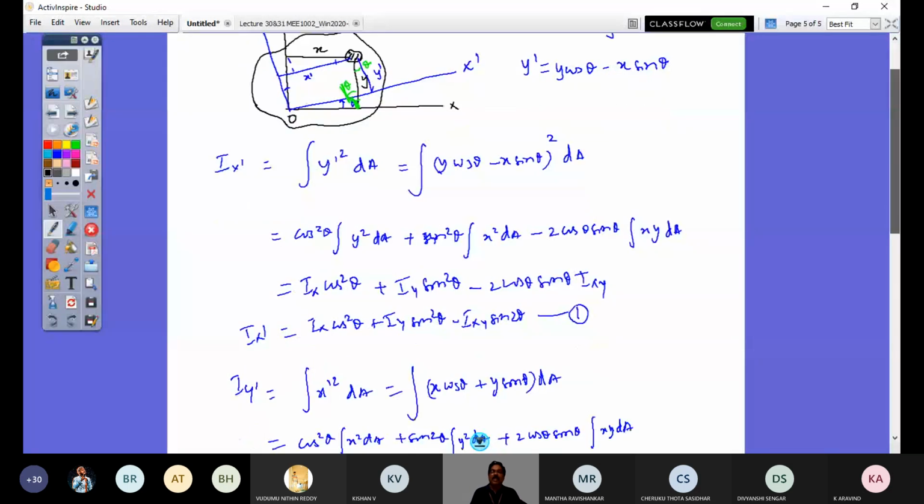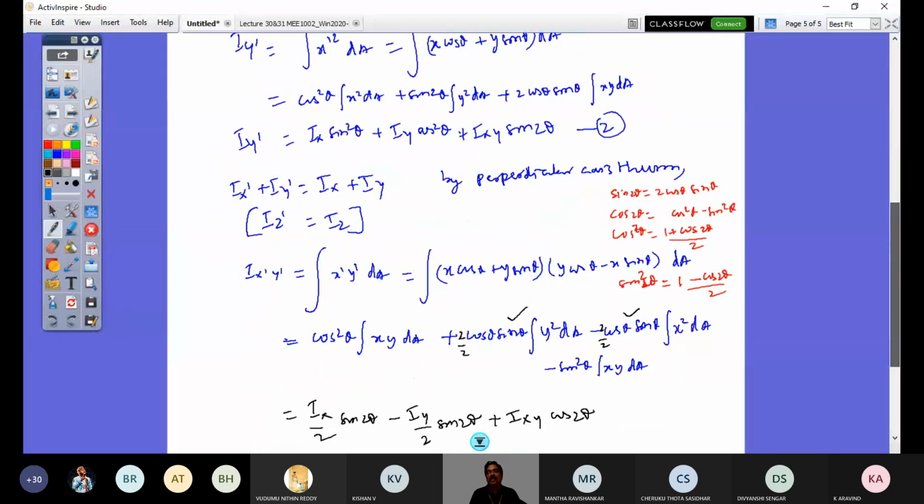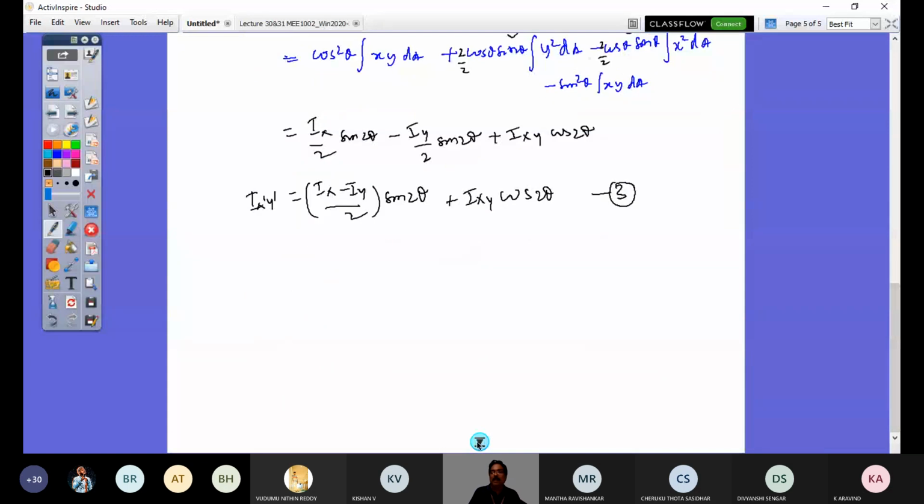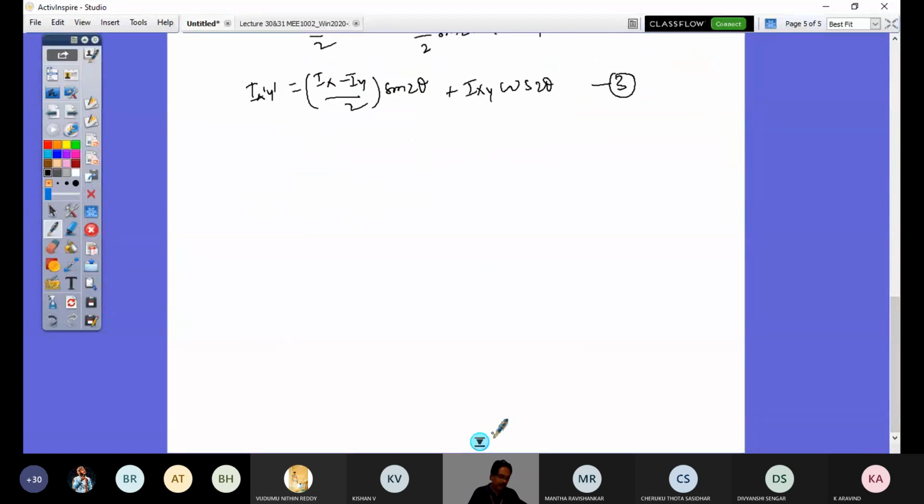But now the understanding is the graphical representation of these answers. So how do I go about doing it? For that, I will rewrite equation 1 as Ix dash this way. I'm going to replace the sin squared theta term and cos squared theta term.